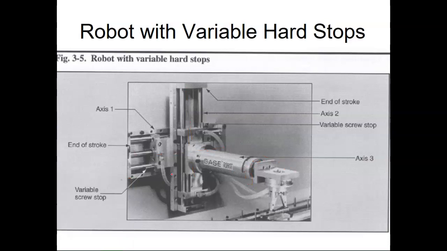But something like this is a robot that's going to do a very simple job. It's going to do things like screw caps onto jars, right? In other words, we don't really need a highly complex robot like these guys to screw a lid on a jar. A trained monkey can do it.